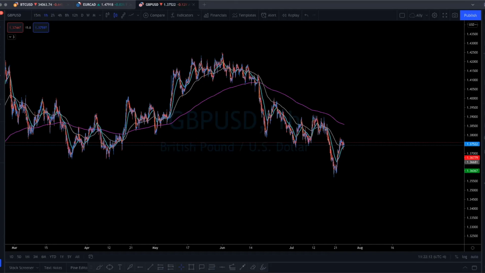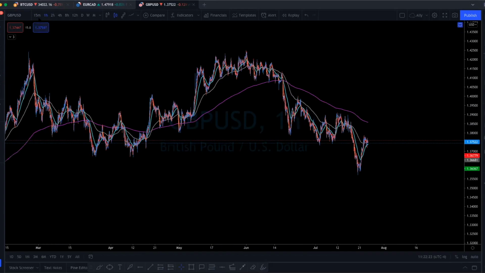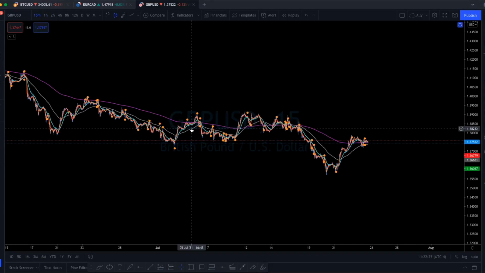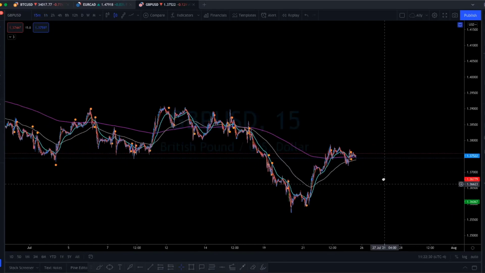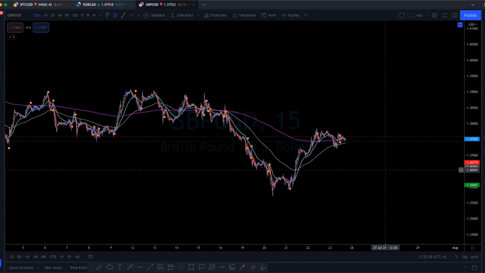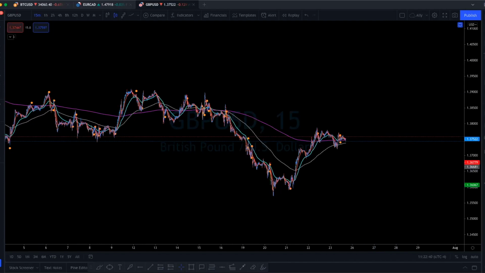Well, the EMAs themselves, right, you're using them for different purposes. So think about it like this: if you don't use any of the EMAs, what are you going to use to help you confirm trades to enter? If you don't use the EMAs, you're essentially taking away a form of confirmation.